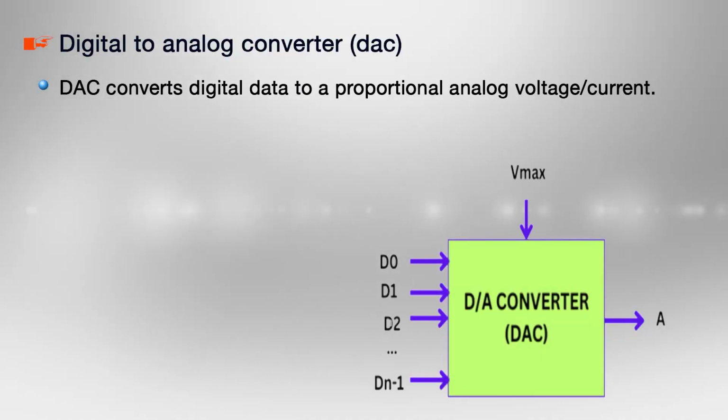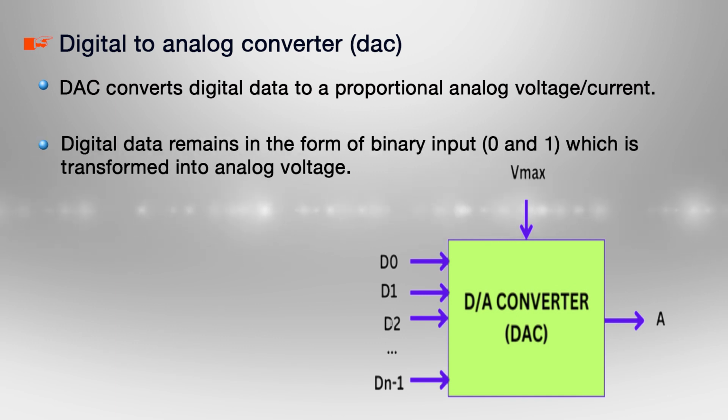Let us move forward. Now, let us understand what DAC is. DAC is an electronic circuit which takes digital data as input and generates a proportional analog voltage or current as output.